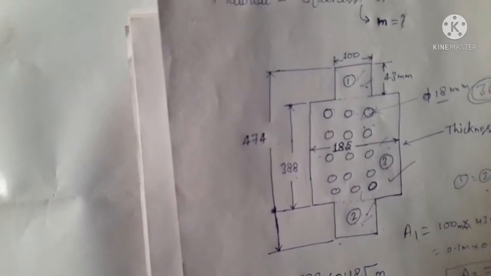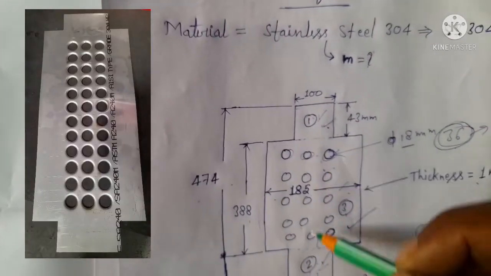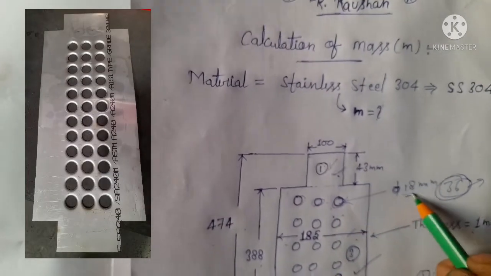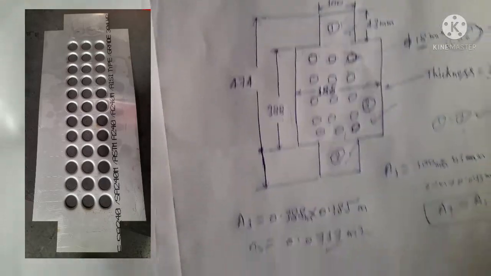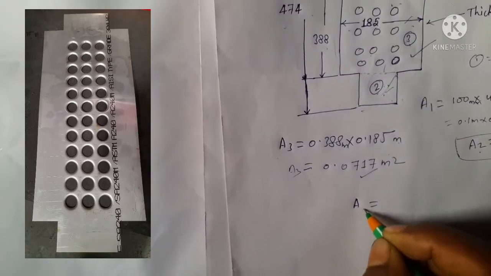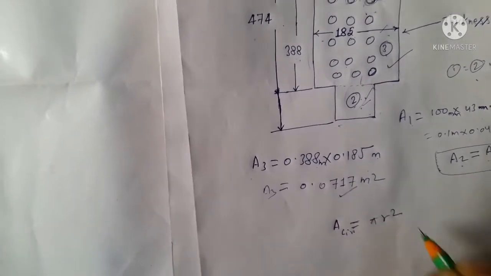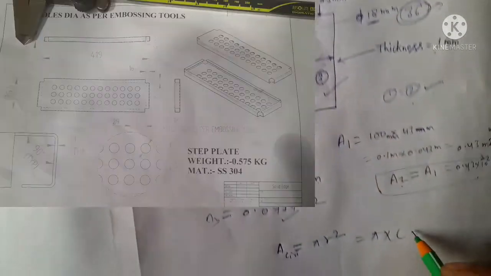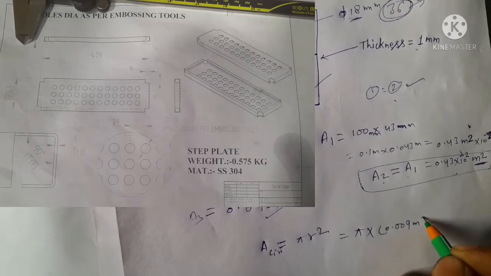Now we also calculate the hole area. There are 36 holes, and each hole has a diameter of 18 mm. So we calculate one hole first. The circle area equals pi r square. The diameter is 18 mm, so the radius is half, that is 9 mm, or 0.009 meter.